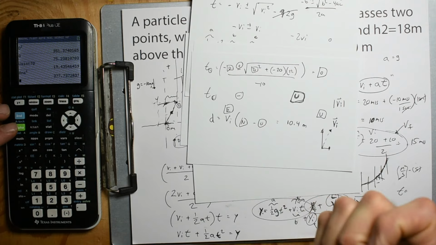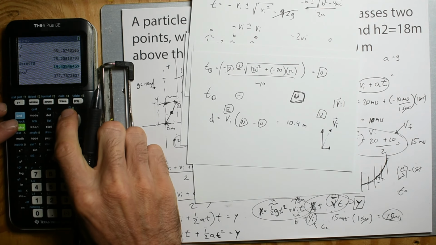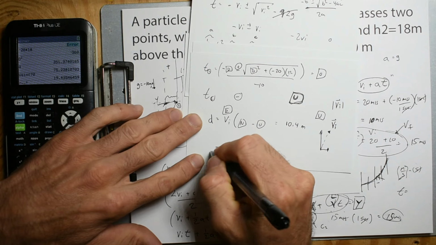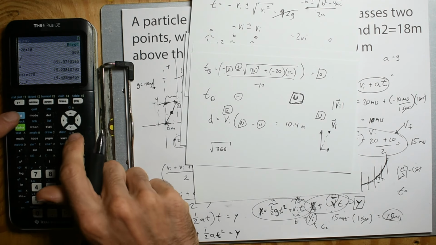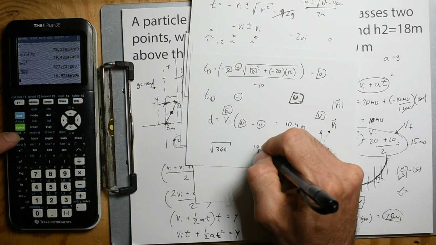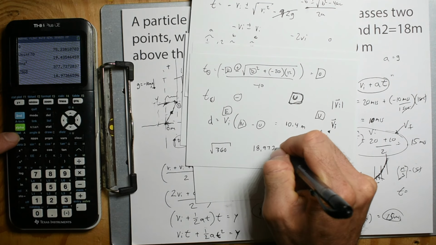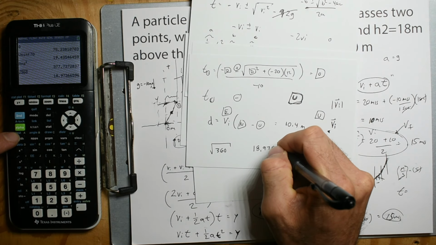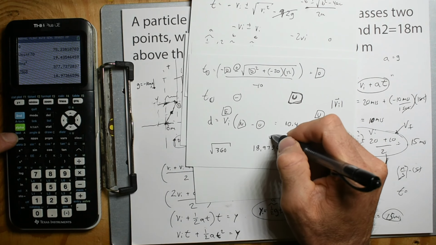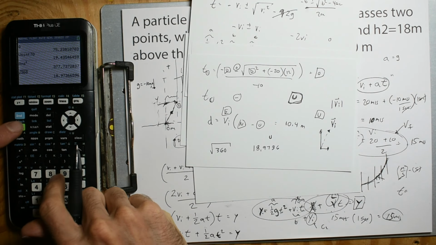All right, so now let's work in reverse. So if I have 360, the square root of 360, that's going to be 18.9736.